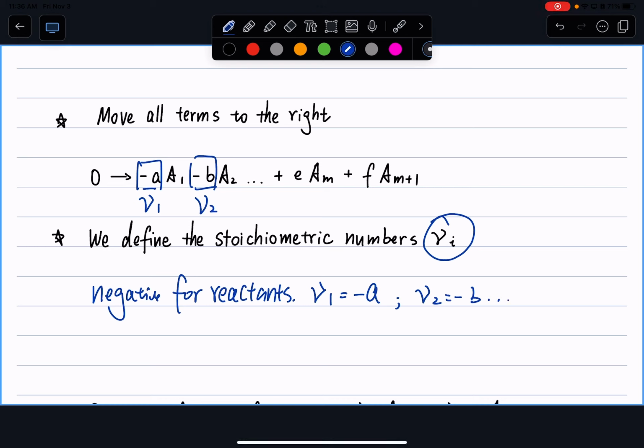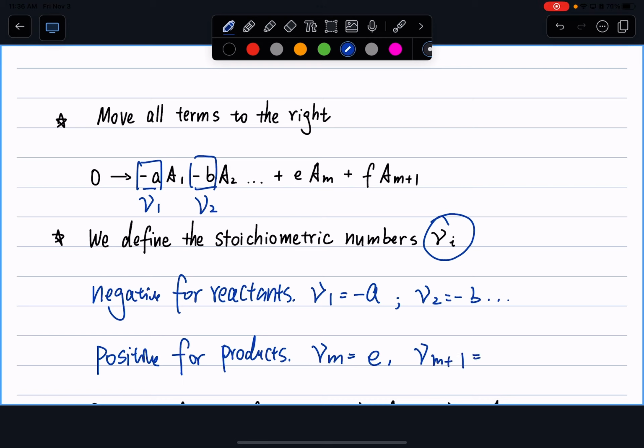And our nu will be a positive number for products. So you have nu m equals e, nu m plus 1 equals f. So this one is our nu m, and this one is our nu m plus 1.